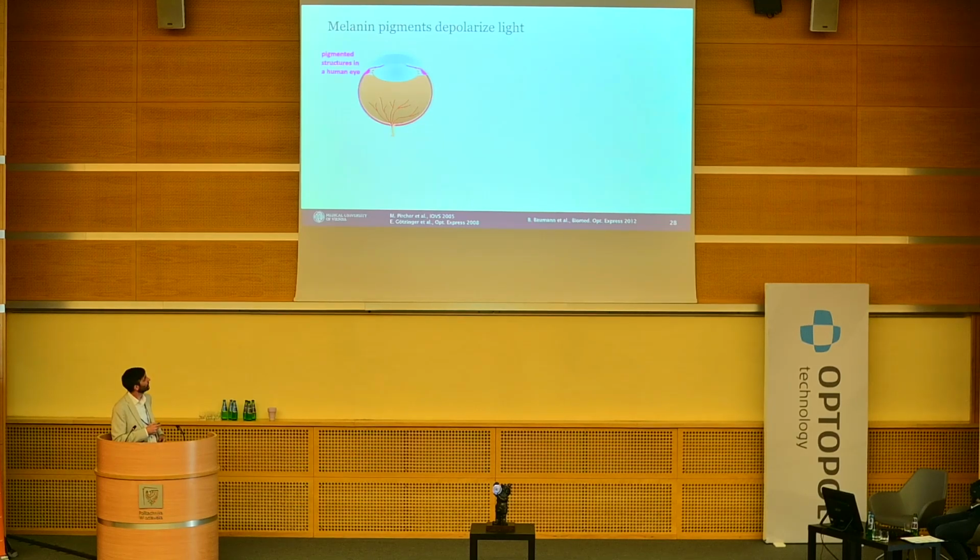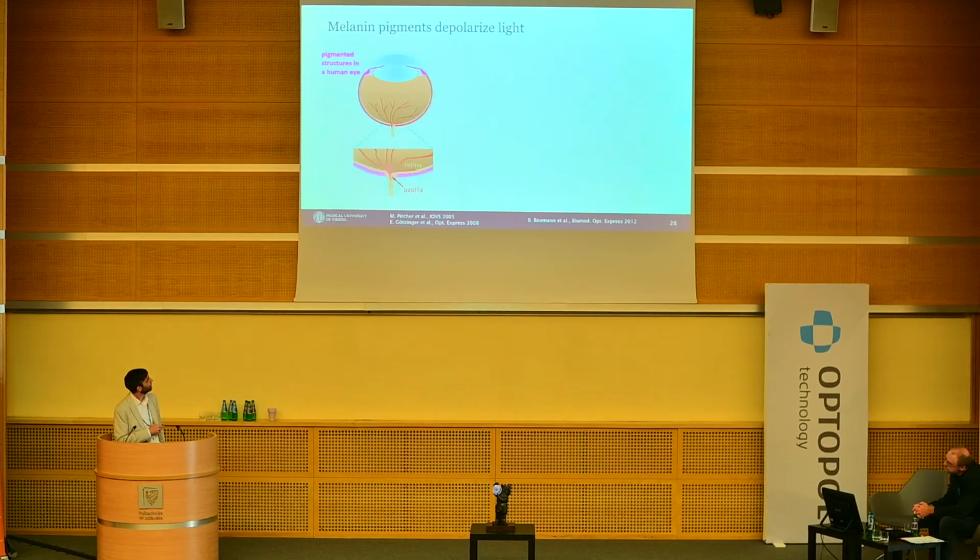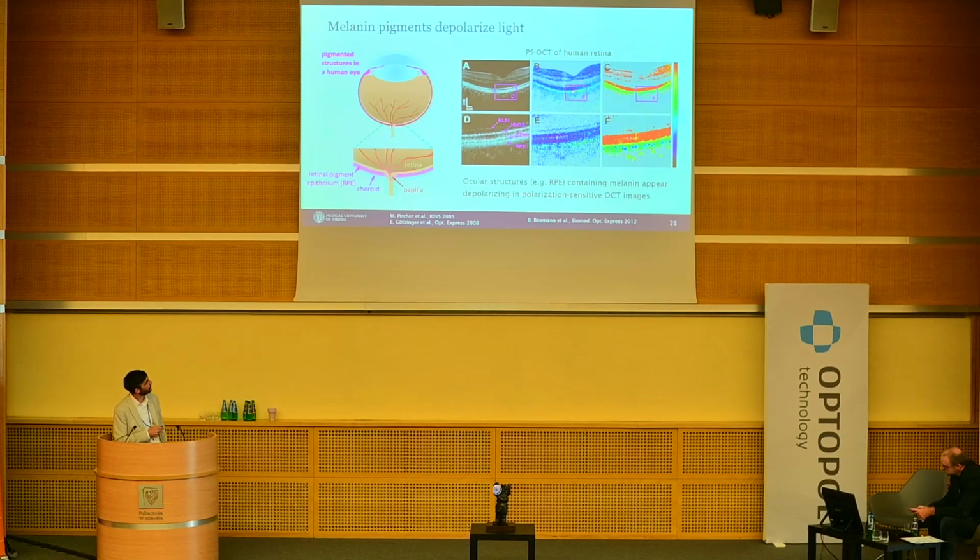One structure that we've seen before that can depolarize light is melanin or melanin pigments, and these are located in many structures in the eye. For example, in the pigment epithelium of the iris, in the choroid, but also in the RPE, the retinal pigment epithelium. And we used polarization-sensitive OCT to actually measure this polarization change in the retinal pigment epithelium.